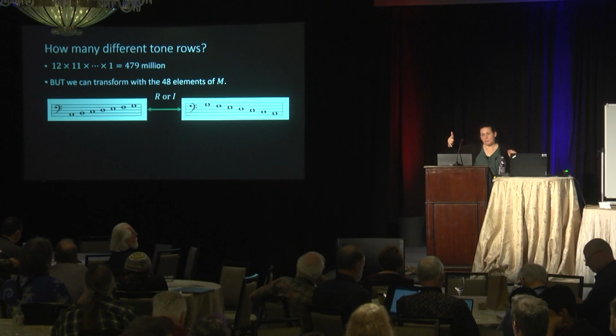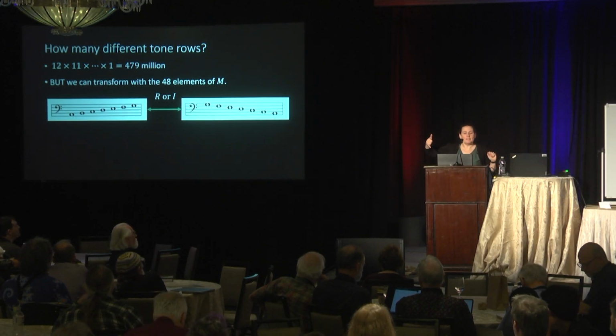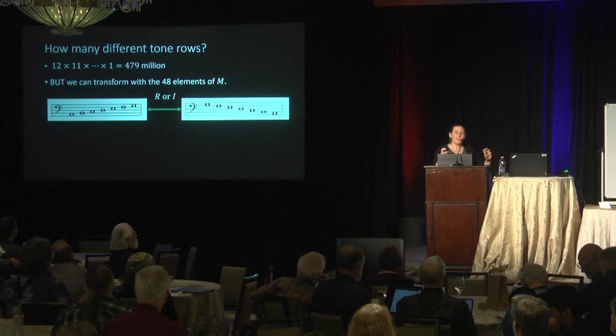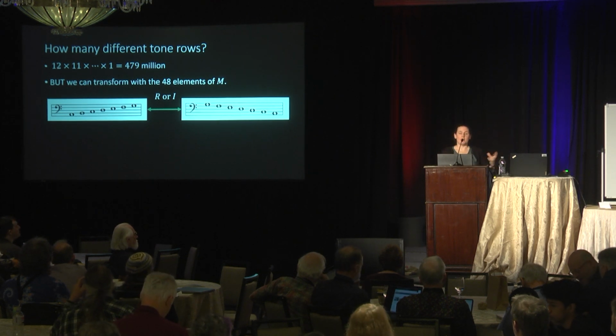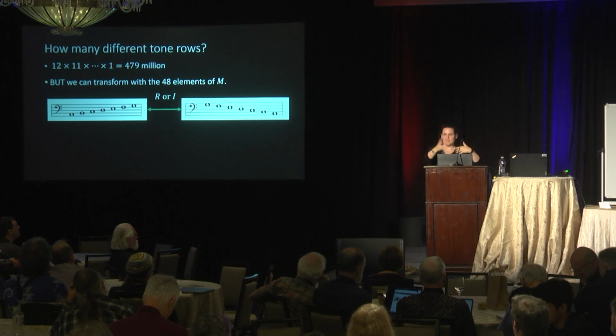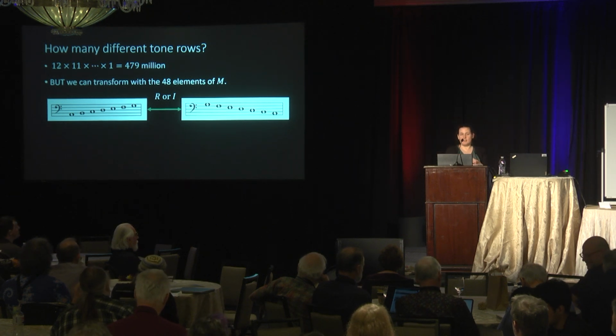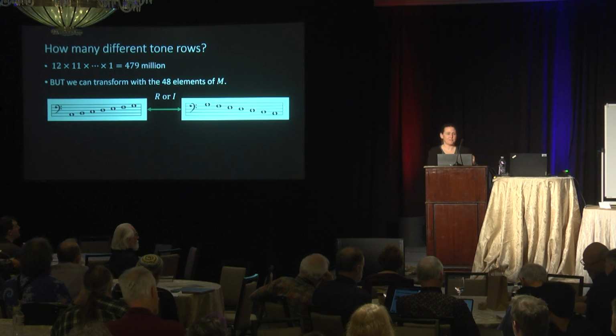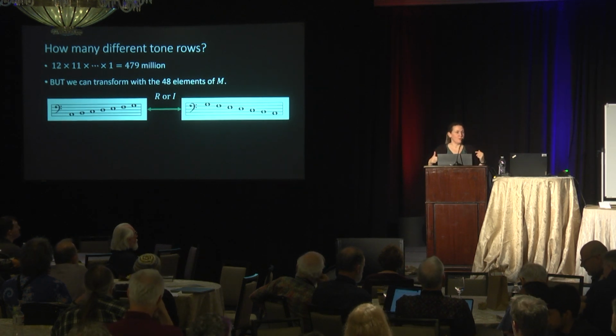That is the problem, because that means you've got two of these symmetries that take you to the same place. So you do not have 48 things in this collection of the same tone row. You have fewer. It's probably 24.